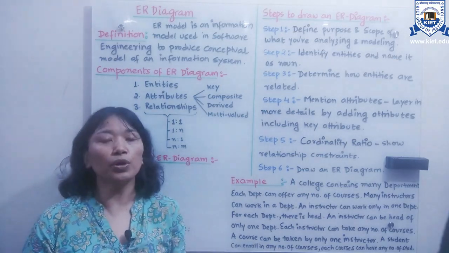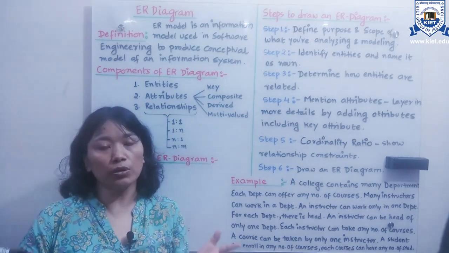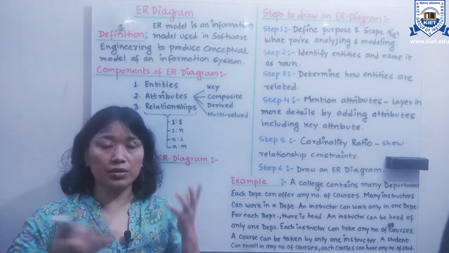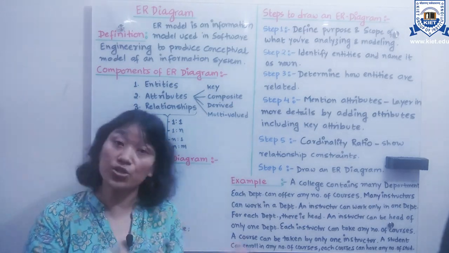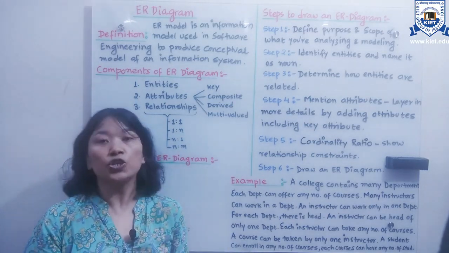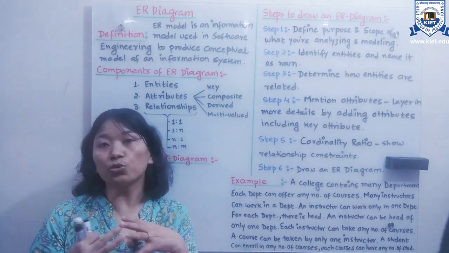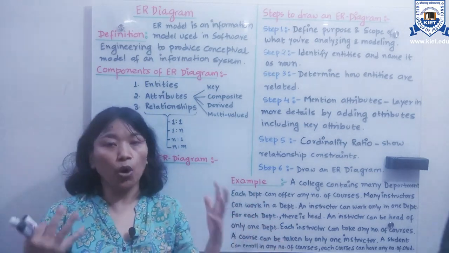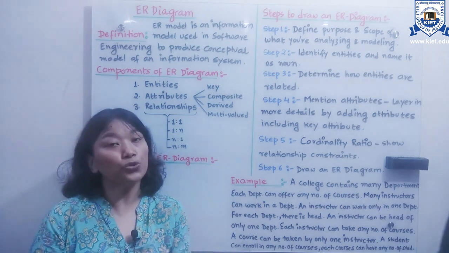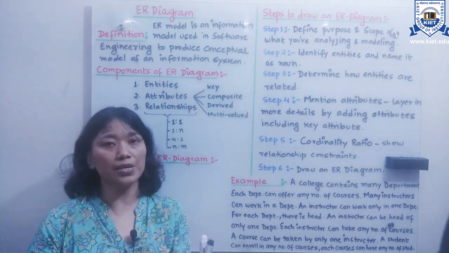There is much more about these components and their types, and the constraints applied on them. So we won't go to that extent or that deep. The objective of today's class is that you should be able to draw a simple ER diagram.